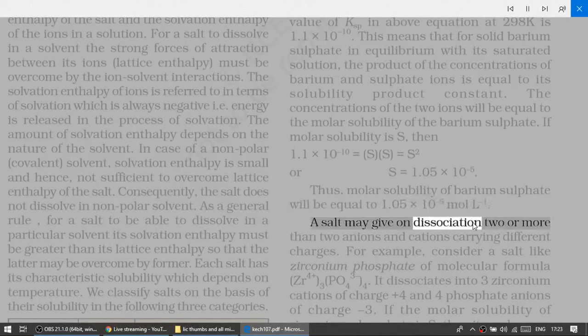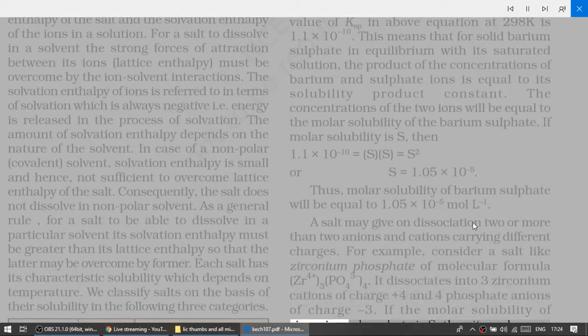A salt may give on dissociation two or more than two anions and cations carrying different charges. For example, consider a salt like zirconium phosphate of molecular formula Zr3(PO4)4. It dissociates into 3 zirconium cations of charge +4 and 4 phosphate anions of charge -3.